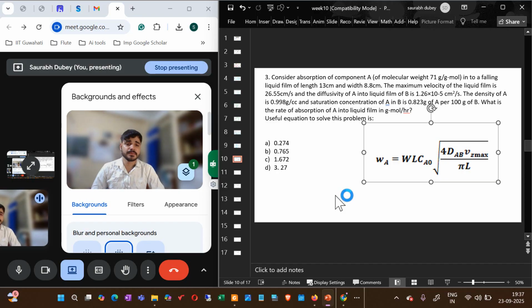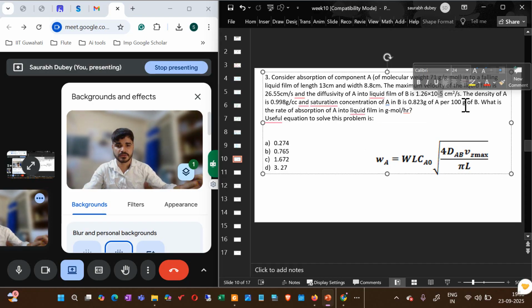So consider absorption of component A of molecular weight 71 gram per gram mole into a falling liquid film of length 13 centimeter and width 8.8 centimeter, right? The maximum velocity of the liquid film is 26.55 centimeter per second, right? And diffusivity of A into liquid film of B is 1.26 into 10 to the power minus 5 centimeter square per second, right?